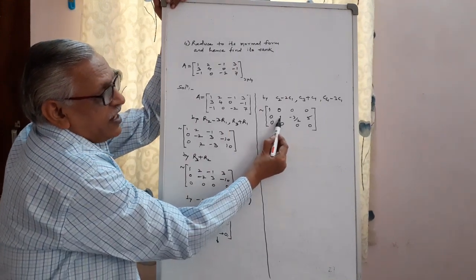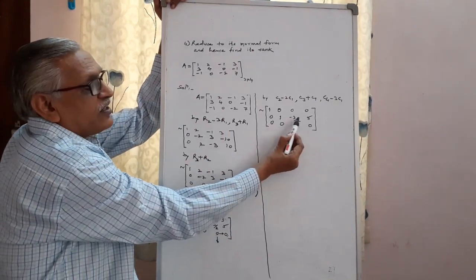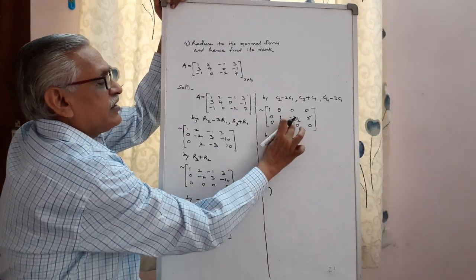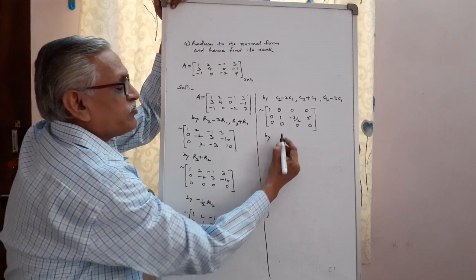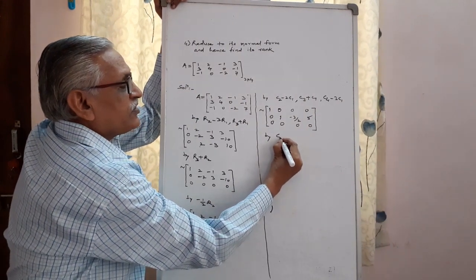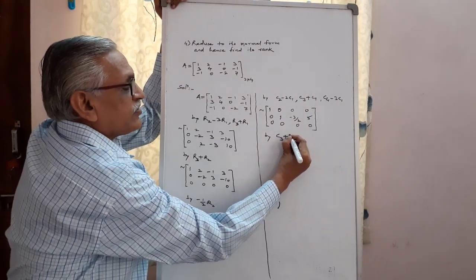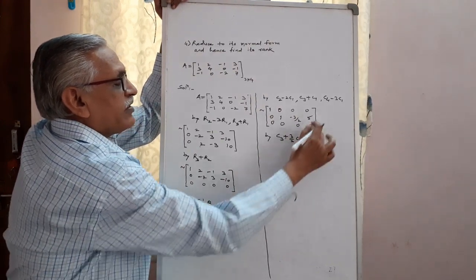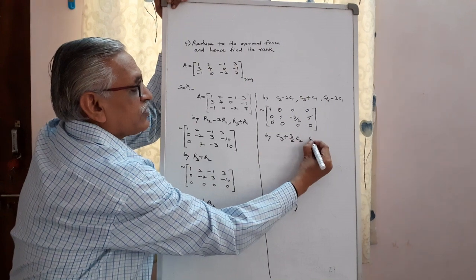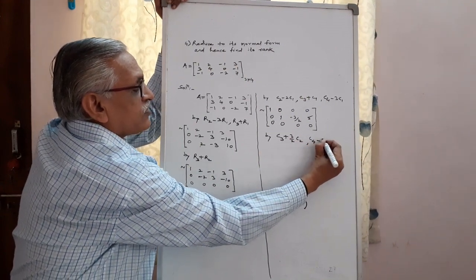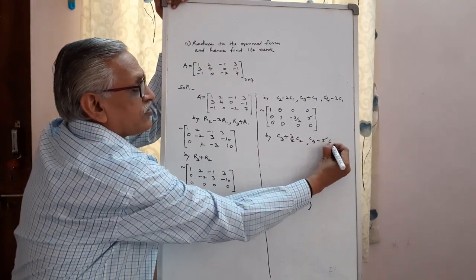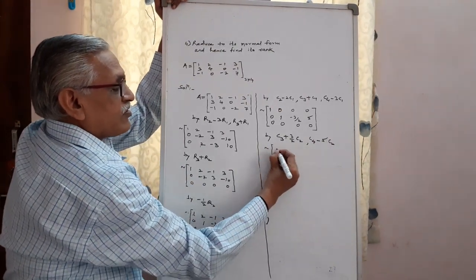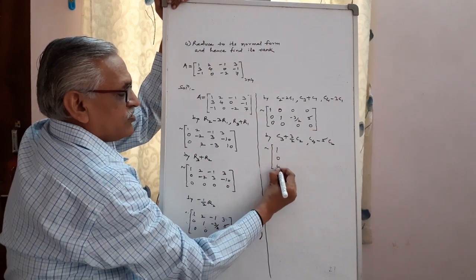Then using the second diagonal element 1, convert the remaining entries to 0. Here minus 3 by 2 plus 3 by 2 gives 0, so the required transformation is C3 plus 3 by 2 times C2, and 5 minus 5 is 0, so C4 minus 5 times C2. First row: 1 0 0.